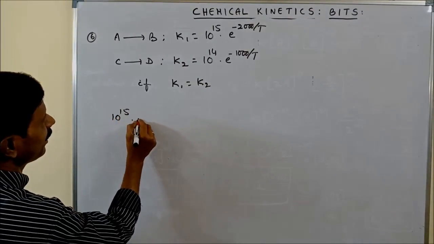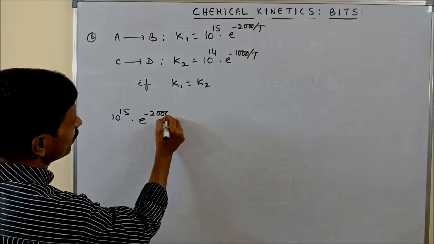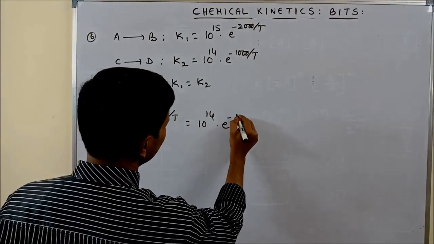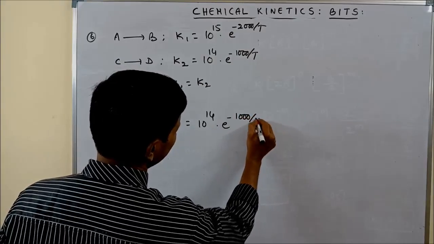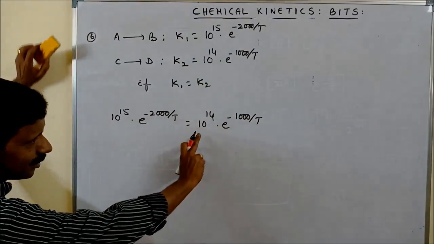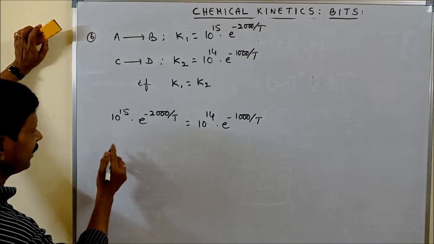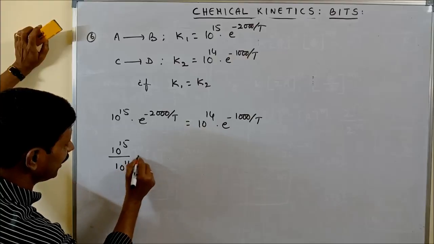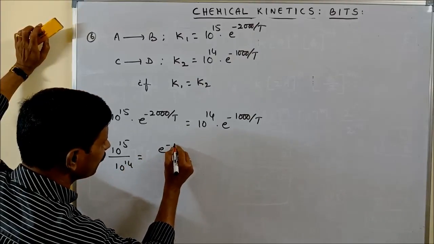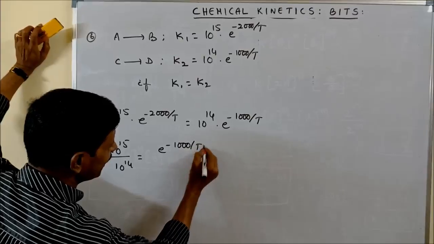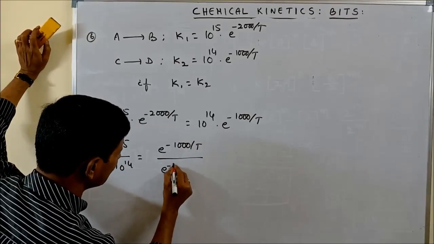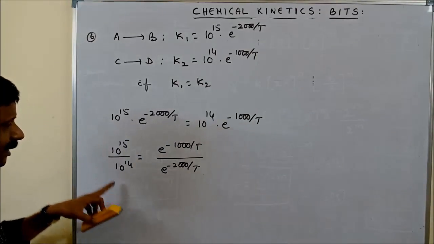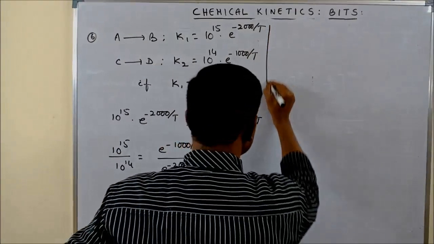10 power 15 into e power minus 2000 by T equals 10 power 14 into e power minus 1000 by T. Now I am going to rearrange this: 10 power 15 by 10 power 14 equals e power minus 1000 by T by e power minus 2000 by T. So 10 power 15 by 10 power 14 means 10.